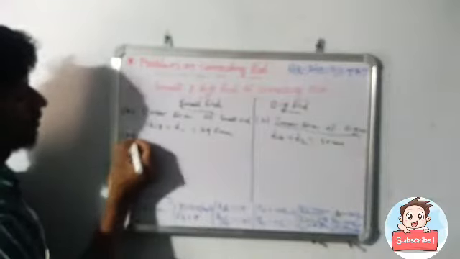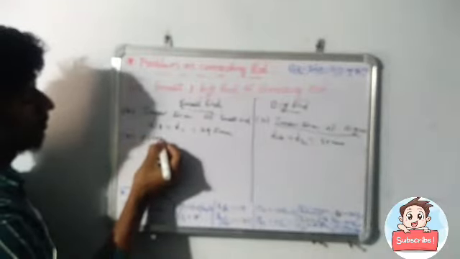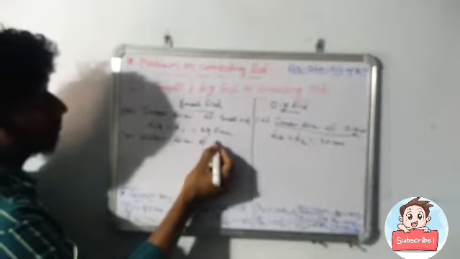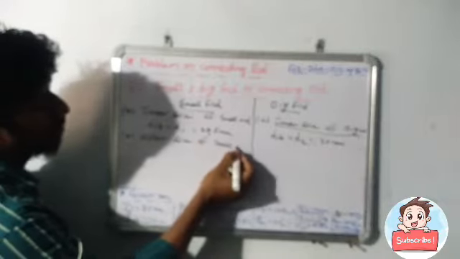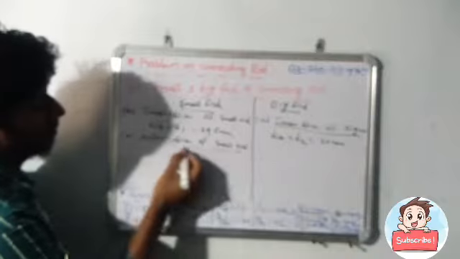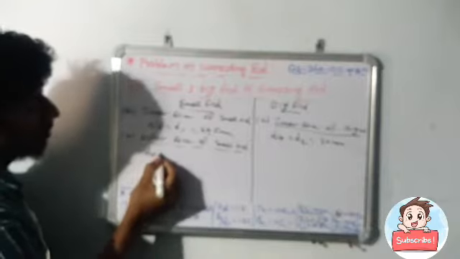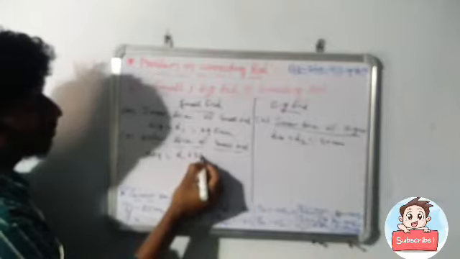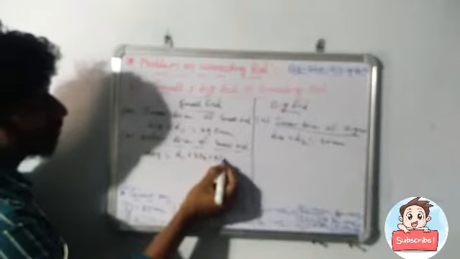Similarly, next one is the outer diameters for small end and big end. Outer diameter of small end is denoted by DOS, that is equal to D1 plus 2TB plus 2TM.